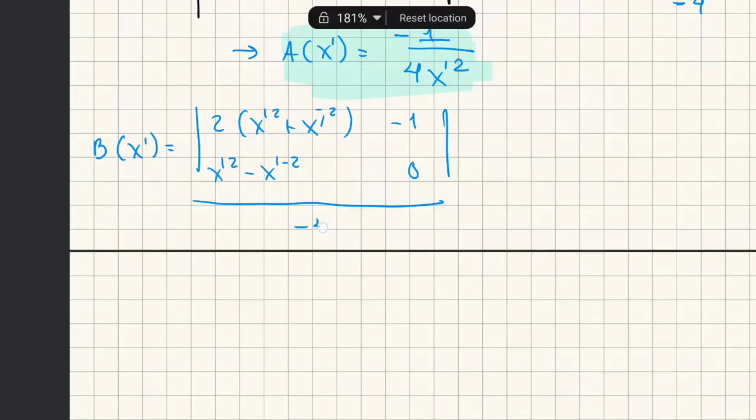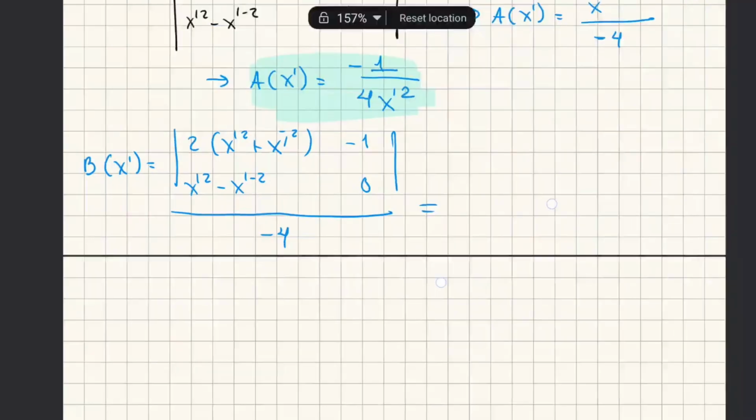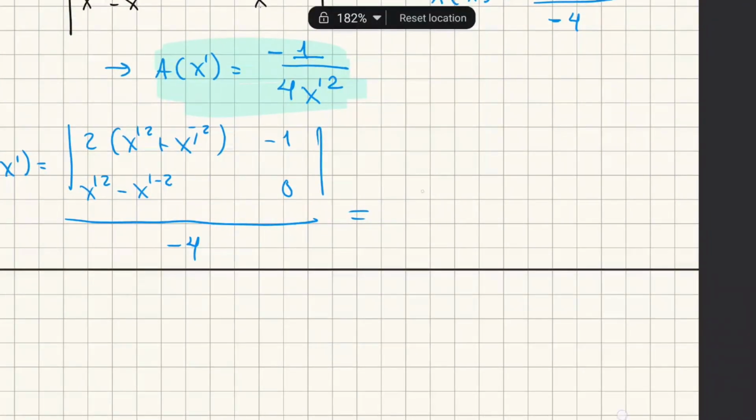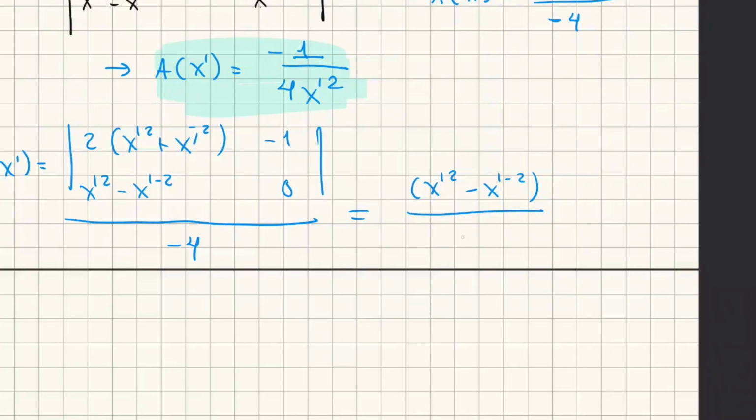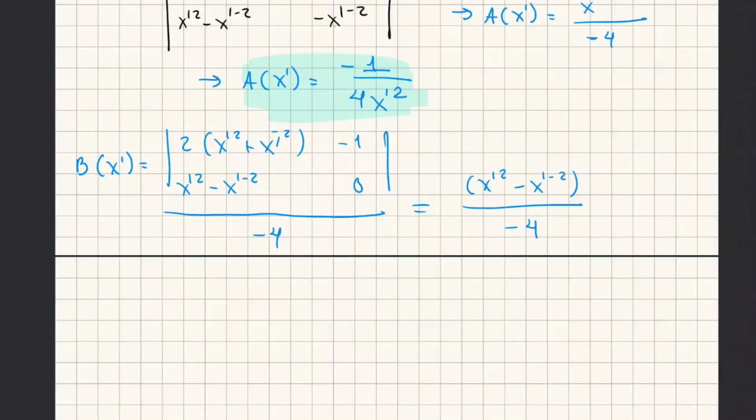So all these things is going to be minus 4. So from here we get that we have x prime squared minus x prime to the negative 2, and then divided by minus 4 like this. Okay. And actually, this is not b, right? This is d of x prime.